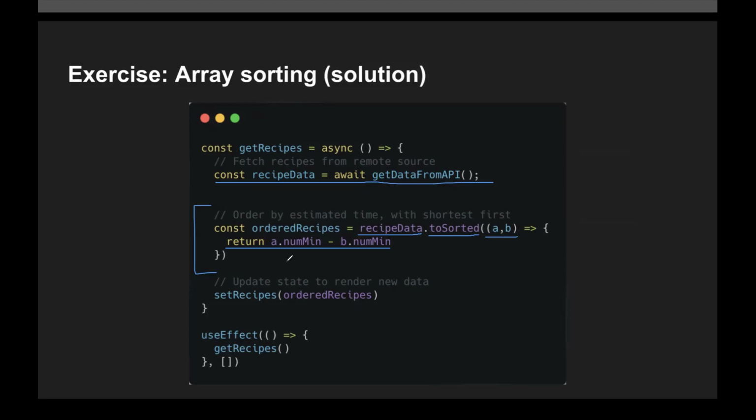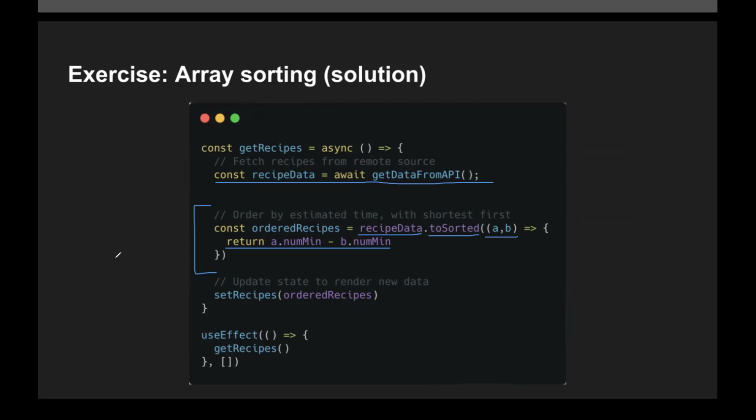Just a quick question. When you're using the sorted function, does it return a new array or... Yeah, that's a good question. Specifically, this toSorted function will return a new array in the order that you've defined here and will not change the original array in any way. It will preserve the original array.